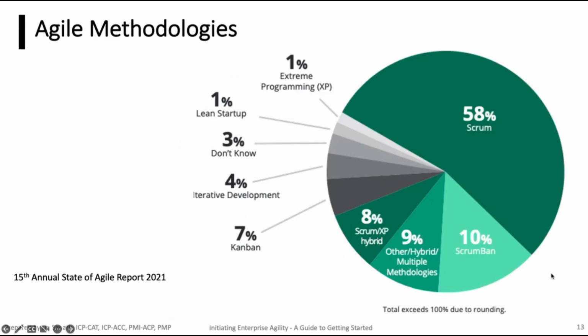Similarly here, there are many agile methodologies out there, so many of them. In fact, this list is not exhaustive. And frankly, if you ask me which is the better one, I would say it depends. But if you ask me which is the most popular one, I would say it's Scrum. Scrum is popular because it's been there for the longest time. It's got a lot of structure to it.